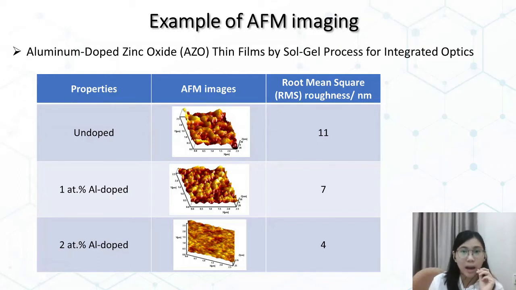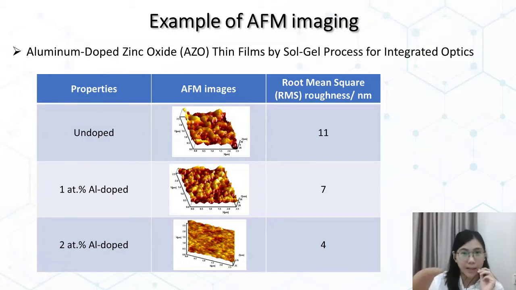So there are 3 figures which represent the AFM images for the zinc oxide surfaces. From these images, the root mean square roughness value can be extracted and seems to be significantly dependent on the aluminum content.